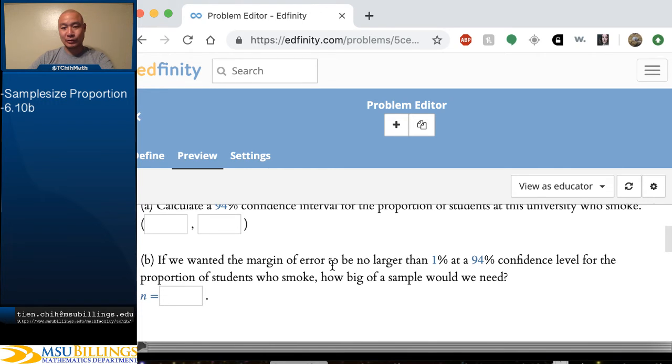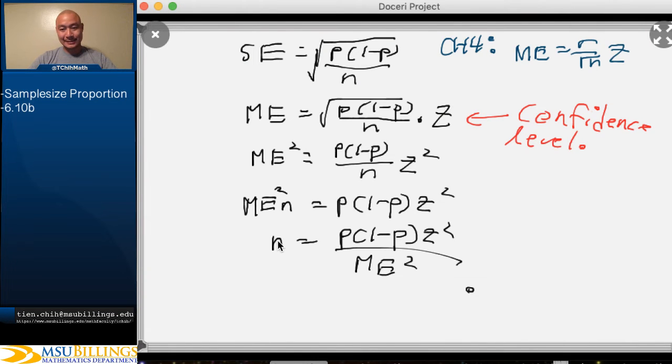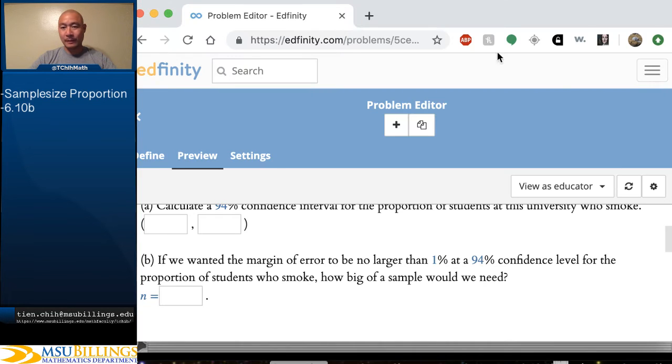And we want to find a margin of error no larger than 1% at a 94% confidence level. According to what we just wrote, the number of students would be 33 out of 250 times 1 minus 33 out of 250 times the z-score squared, where the z is determined by 94% confidence, over 0.01 squared, the margin of error squared.